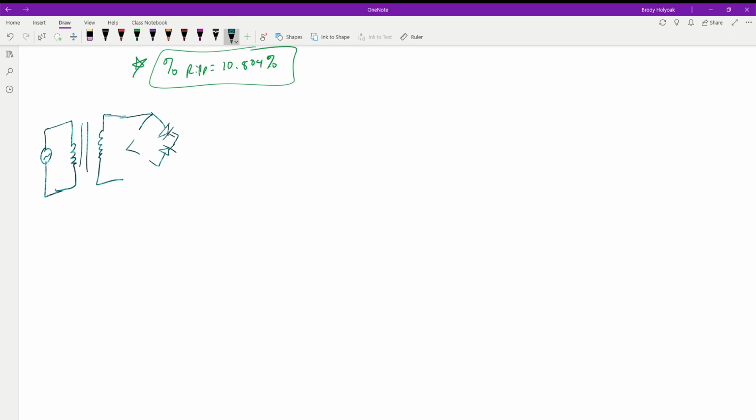I can draw that one a little better. Okay, so our bridge looks like that. Our ground comes off over here, and then at this point we go to our capacitor to ground, and then we go to our load. So 1K, and our capacitor is at 22 microfarads.